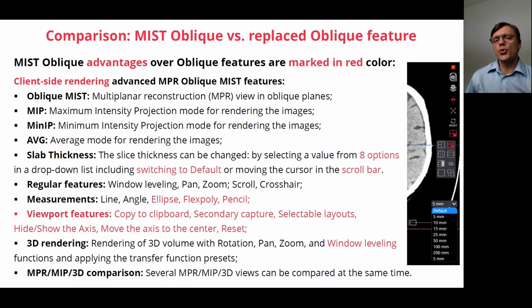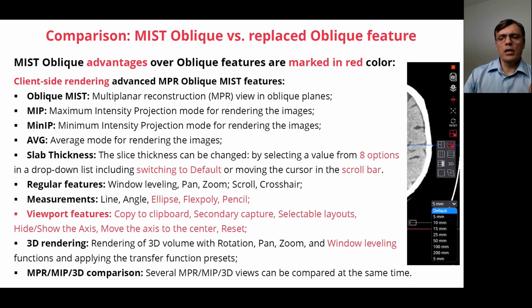I'm sure you will benefit from the MistOblique function, which replaced Oblique, especially if in the past you gave partners and customers 10 connections of MedDream and only 1 connection of Oblique. Now, after replacing with the new version, you will have the possibility to have all 10 users access Oblique and 3D functions.